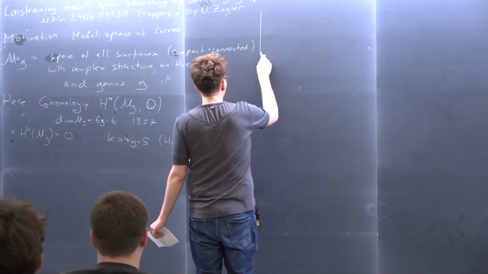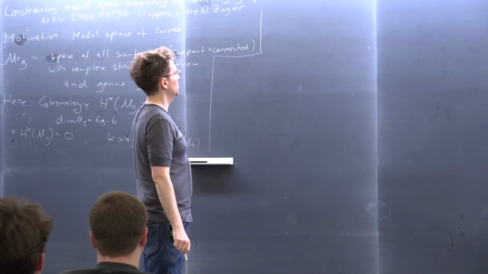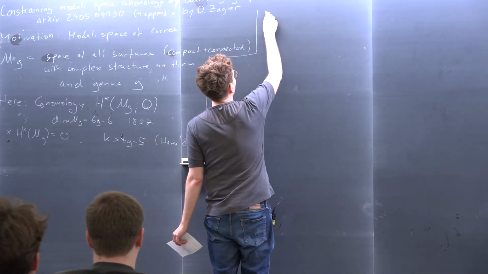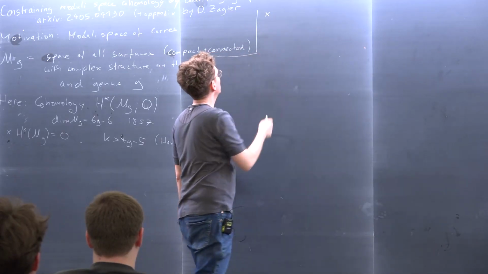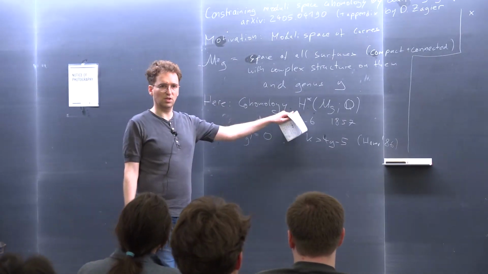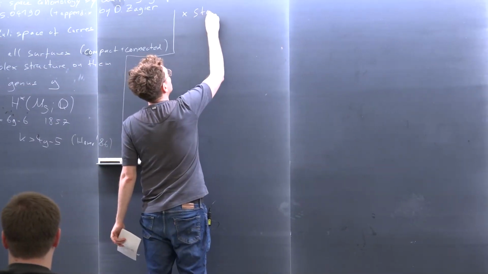So besides this, there's not so much other stuff known about this cohomology. The main result, and this has been one of the big results of the last 20 years probably, at least in this field, is on the stable cohomology of this moduli space. So this is the so-called stable cohomology.